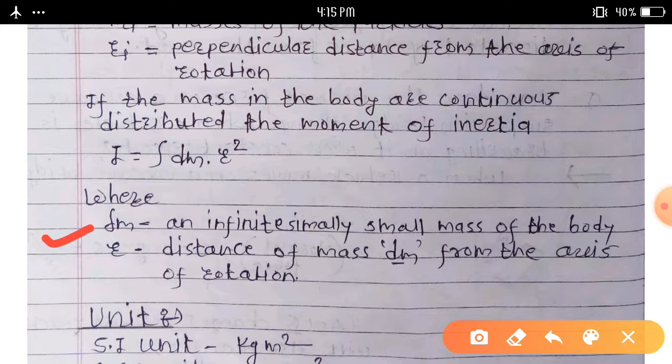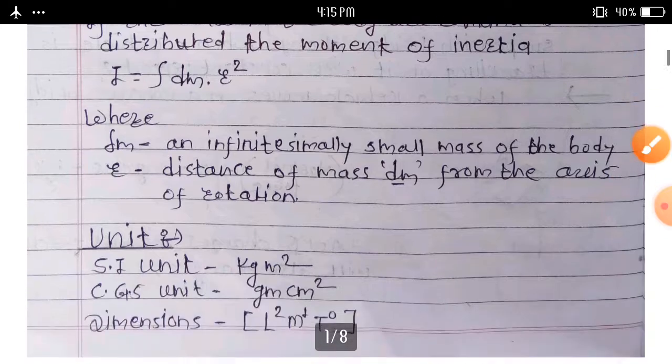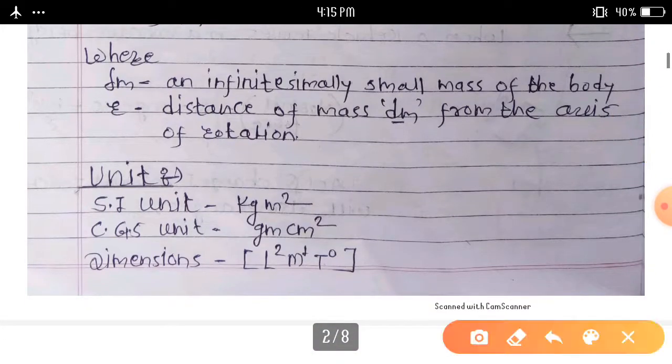Then we discuss what is the SI unit, what is the CGS unit and the dimension of a moment of inertia. Firstly, the SI unit of moment of inertia is kilogram meter square because this quantity is given by mass into the square of the distance.